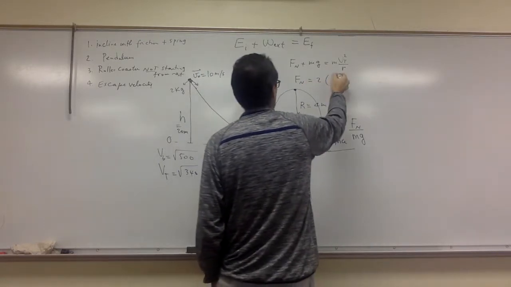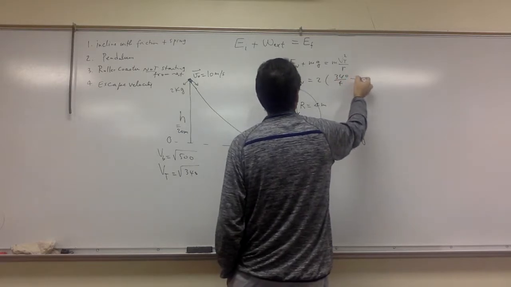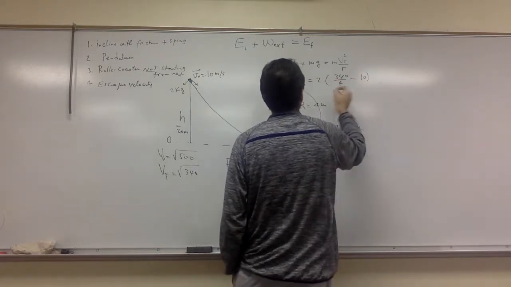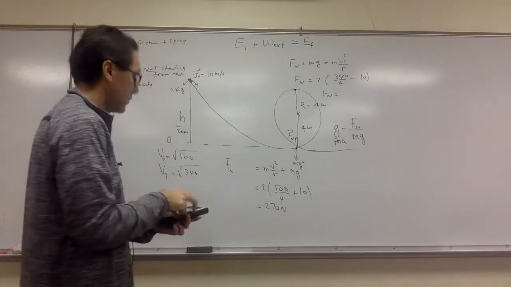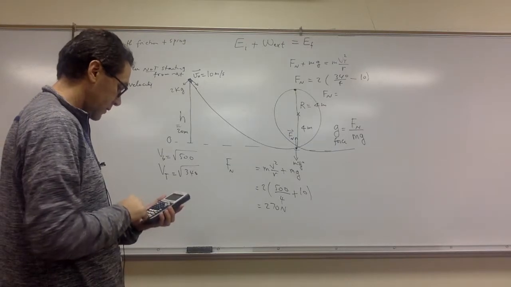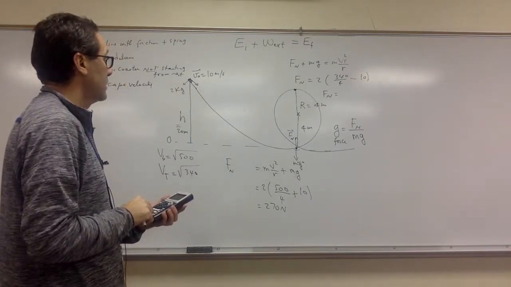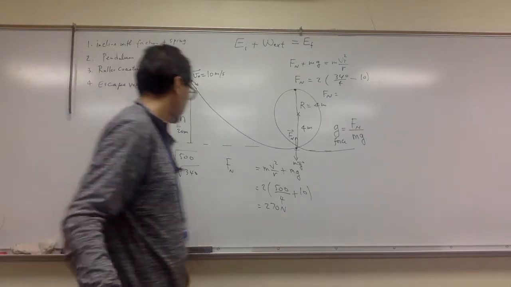V at the top squared, that's 340 over 4 minus 10. So let me just put that in the calculator. 340 divided by 4 minus 10, the whole thing times 2. So I get 150.